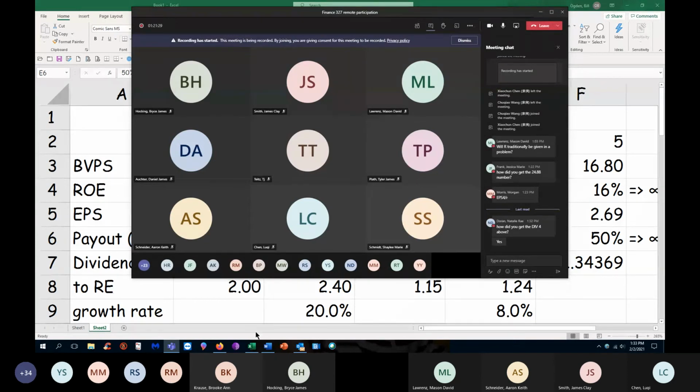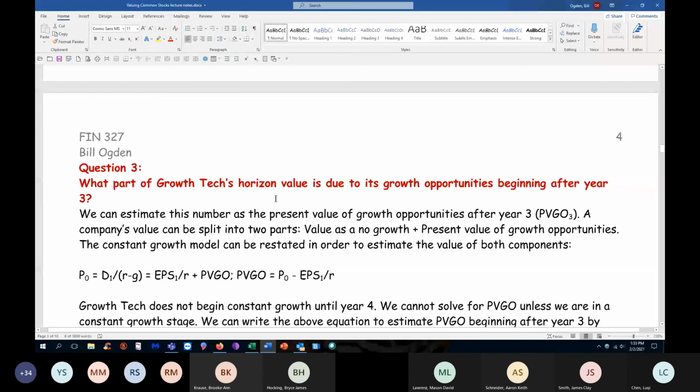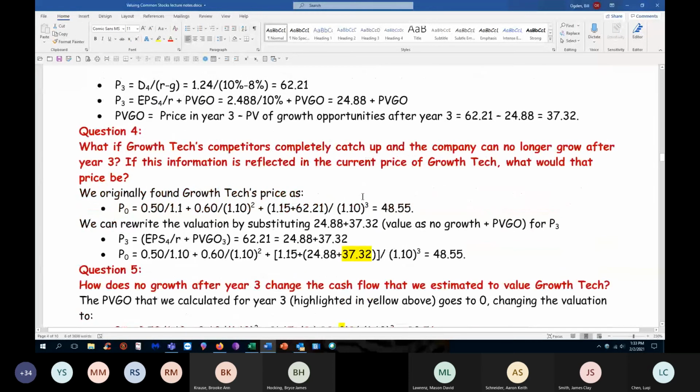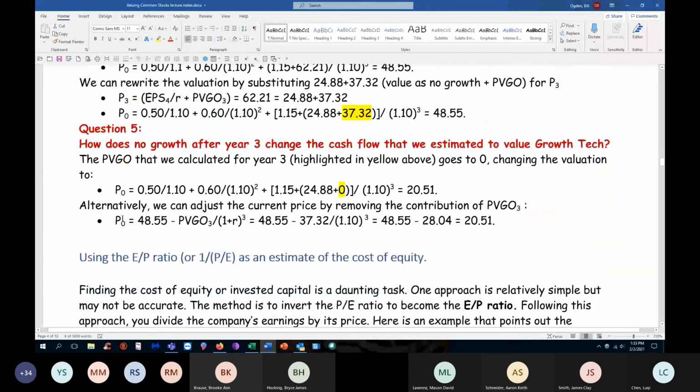Okay, now again, I just remind you one more time that if you got any issues here, all these calculations are right here in the lecture notes. You see, so this is the last thing we did. 20.51. All right, let me make one last check.